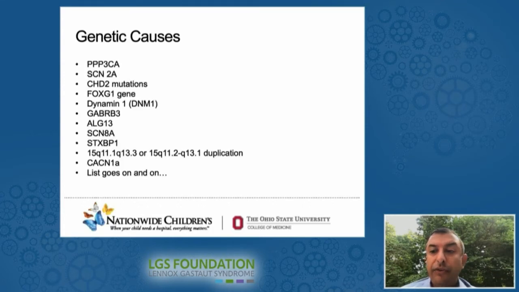What about genetic causes? So many of the folks on this call who helped to organize this presentation and this day contributed to this medical literature. There's a lot of different genetic causes that are listed on here that have been reported in the literature. I wanted to be sure that I looked at some of the more common ones that we've seen or maybe are aware of and how they relate to Lennox-Gastaut syndrome.